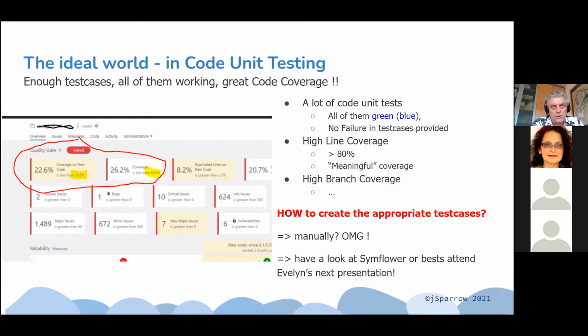So we just made a calculation of how many test cases we would need to get up to 80%, and that's much more, and I think Evelyn will have a good talk about that in her presentation.